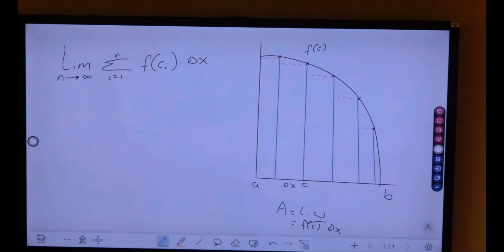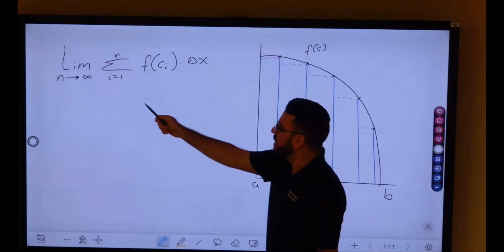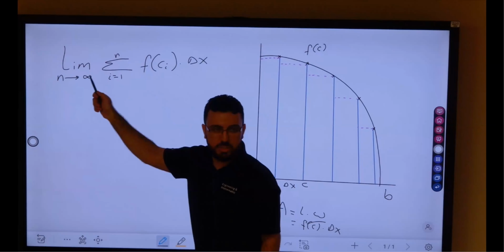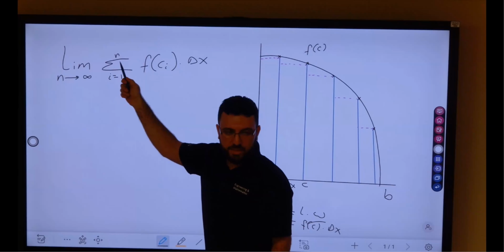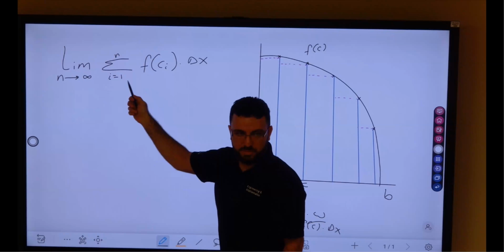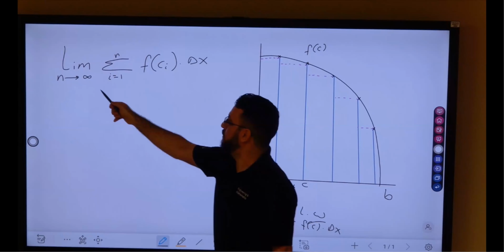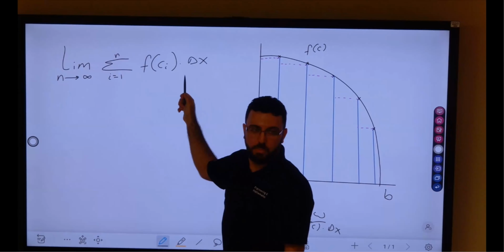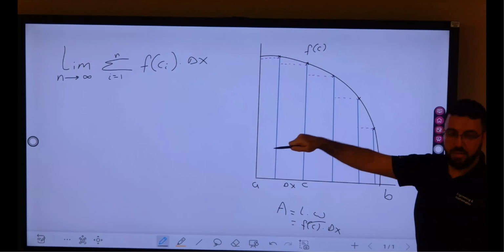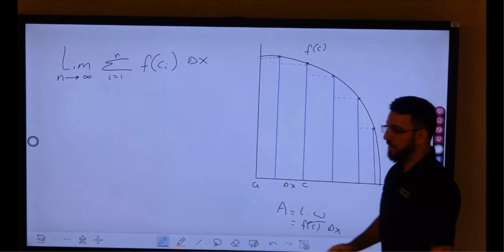That means I keep going with the rectangles to infinity, infinity rectangles. We're taking the limit to infinity. So now we have the limit and the summation. But we're not going to use this one to find the area; I'm going to give you an example of how to find this part, but we're going to use Riemann sums. But you get the connection.